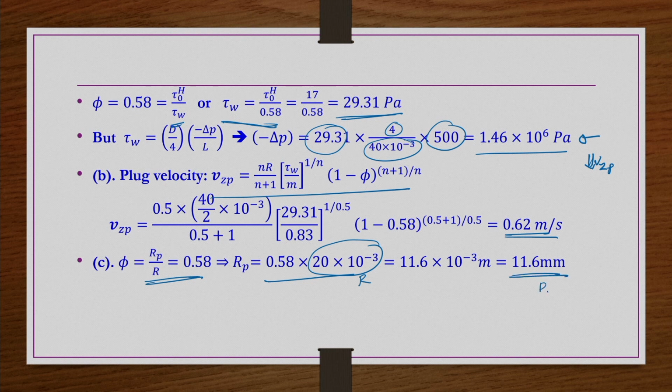See, R is 20 mm, whereas Rp is 11.6 mm, that is more than half of the cross section of the pipe. The material is flowing like a solid plug. Okay. So, deformation is taking place only in a small fraction of the pipe cross section.